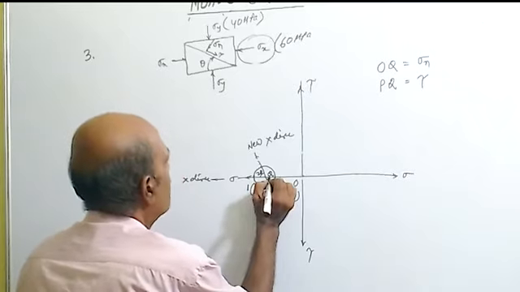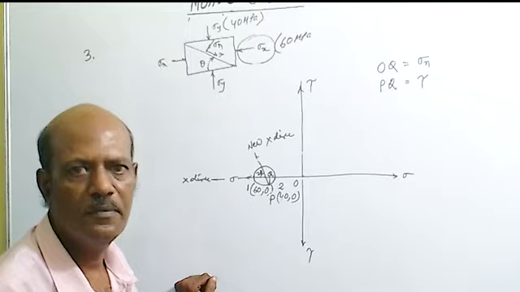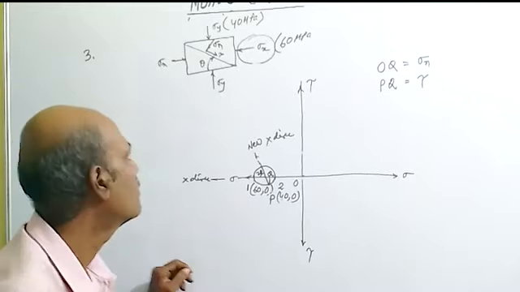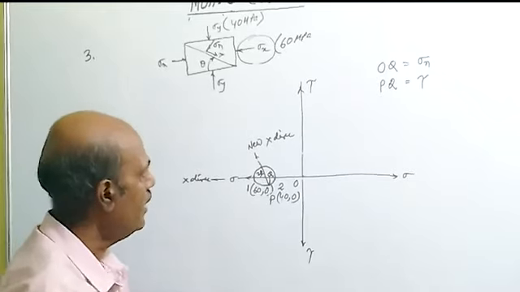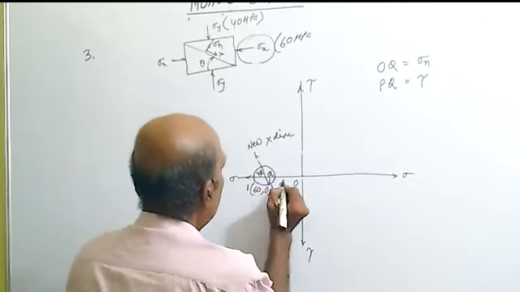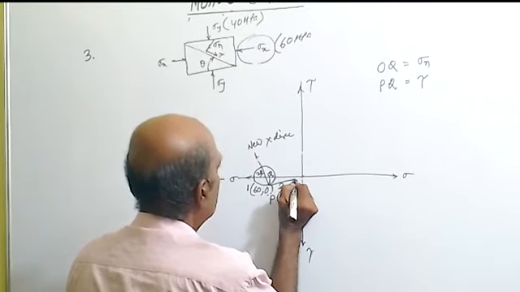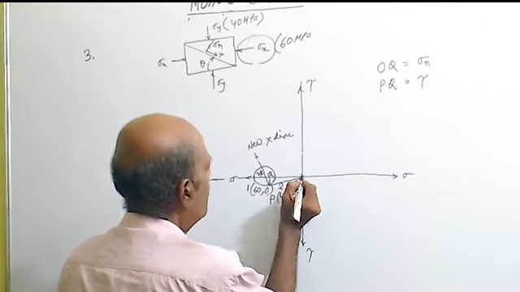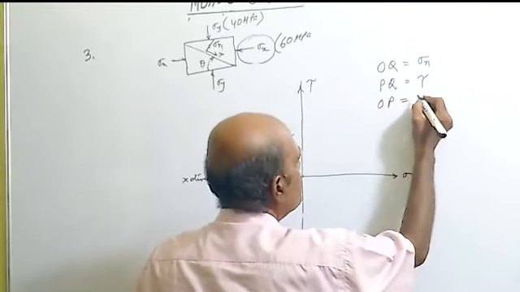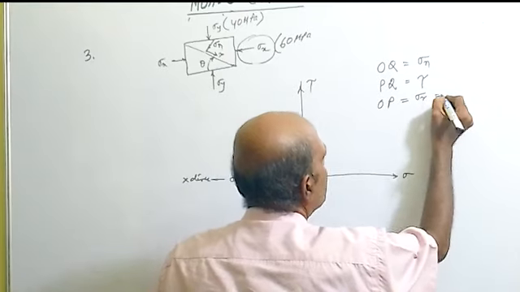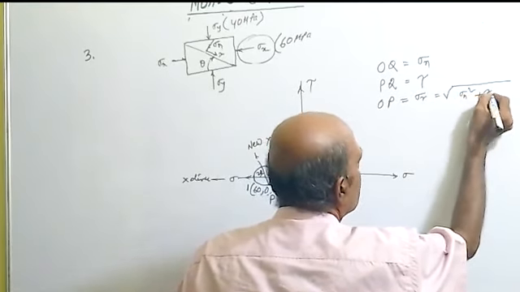Now you can find the tau value by measuring the distance PQ, equal to tau. You can see this is also negative. That means it will be in clockwise sense. Join O to P. This OP will give you the sigma r value, or simply the square root of sigma n square plus tau square.